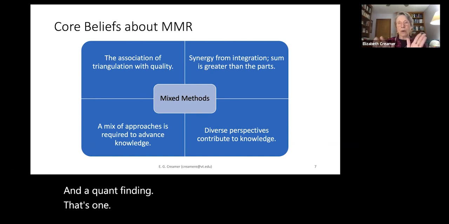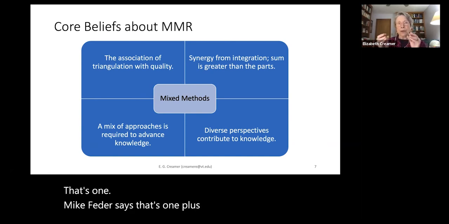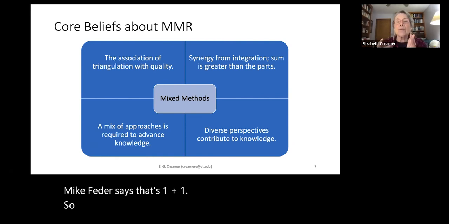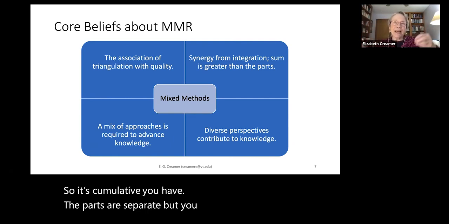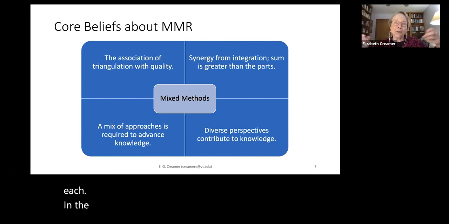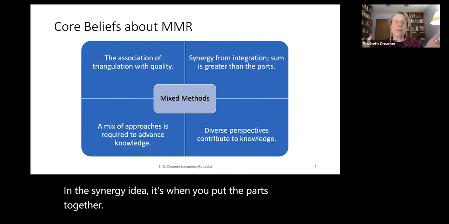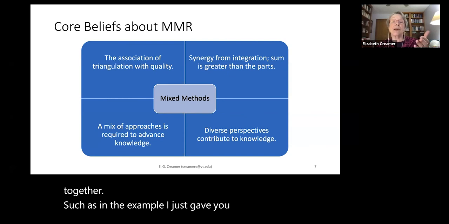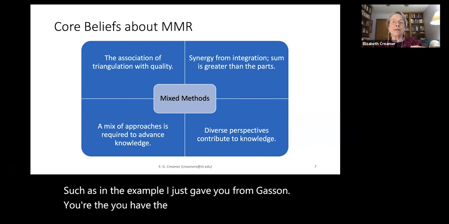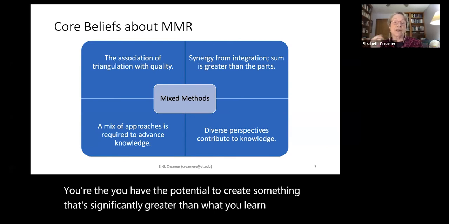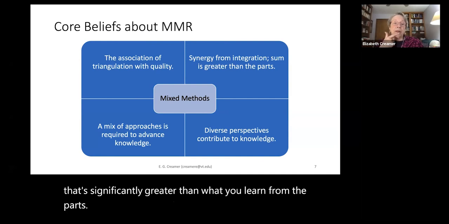Mike Fetters says that's 1 + 1. So it's cumulative. The parts are separate, but you learn something from each. In the synergy idea, when you put the parts together, such as in the example I just gave you from Gasson, you have the potential to create something significantly greater than what you learn from the parts. And I think I have an example of that later on.